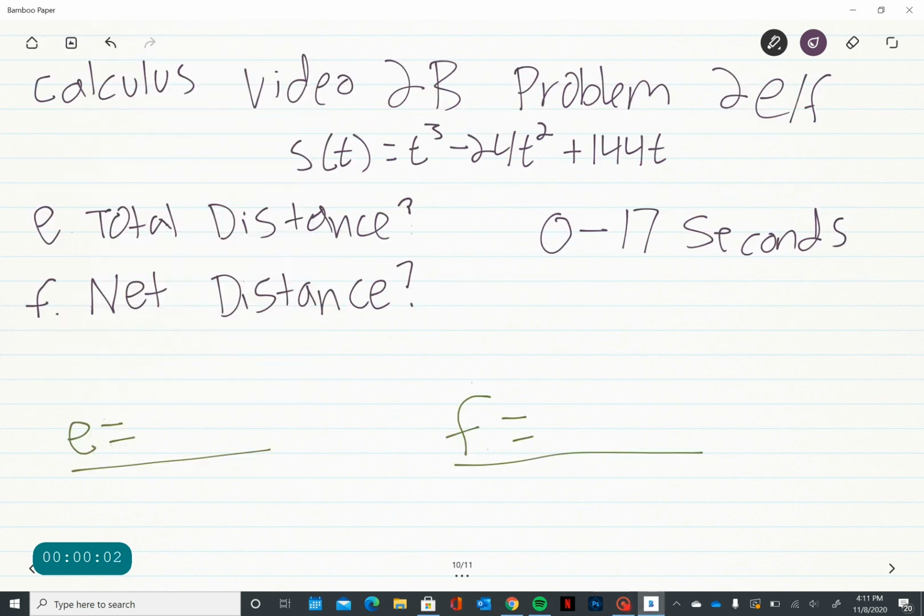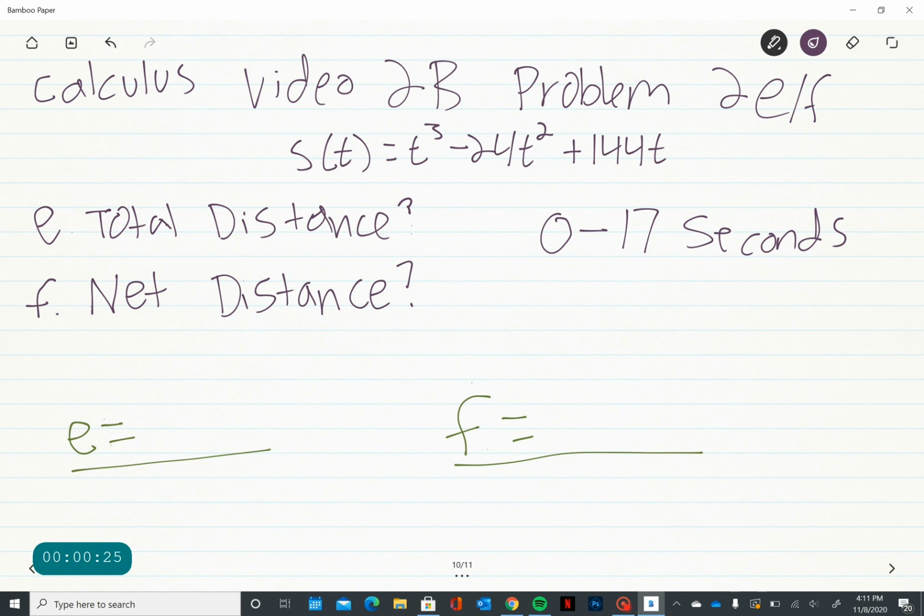Hi, my name is Scacca, and I'm explaining problem 2E and F for video 2B Calculus Assessment 2. So E and F sound like they're asking the same question, but we can see total distance and net distance are completely different.